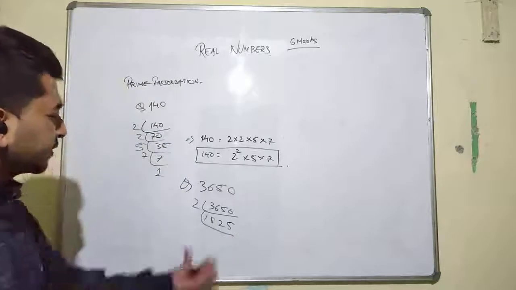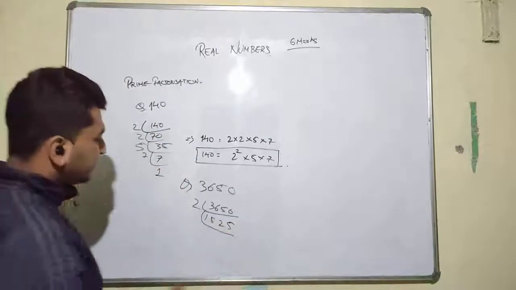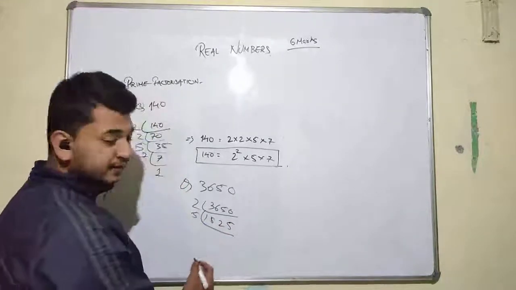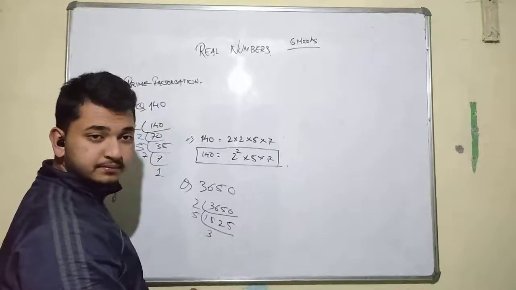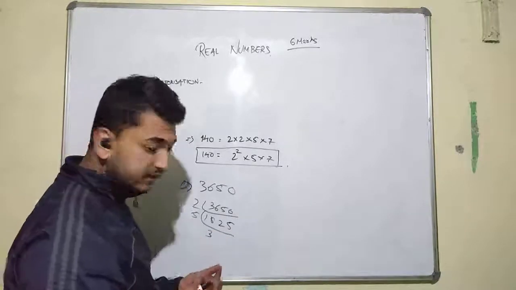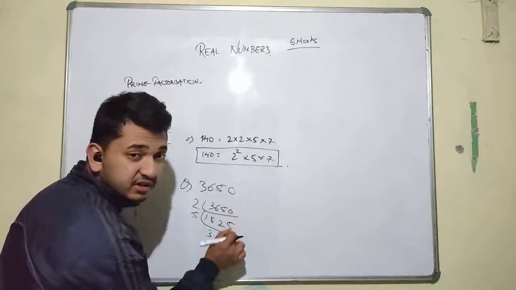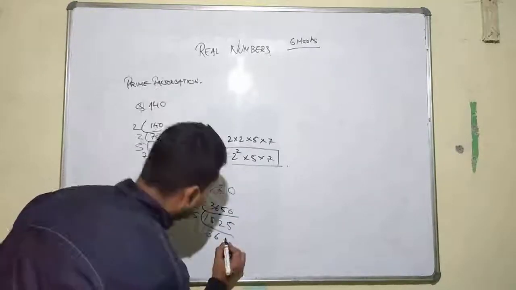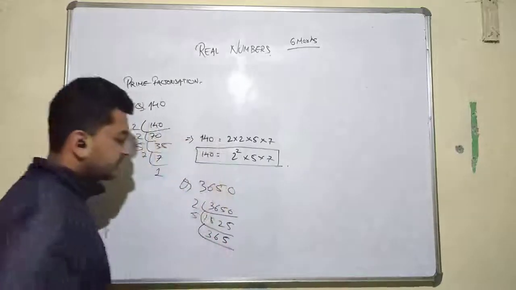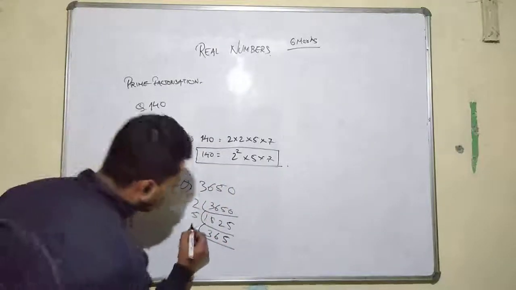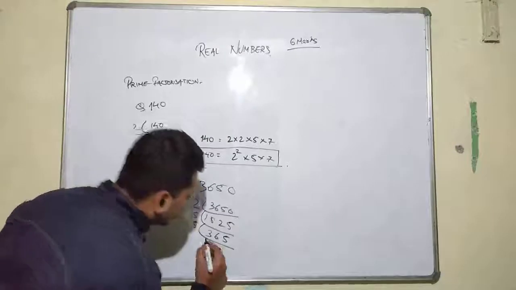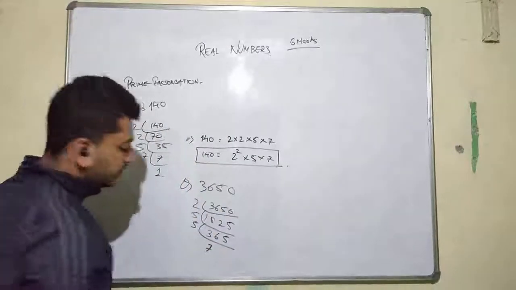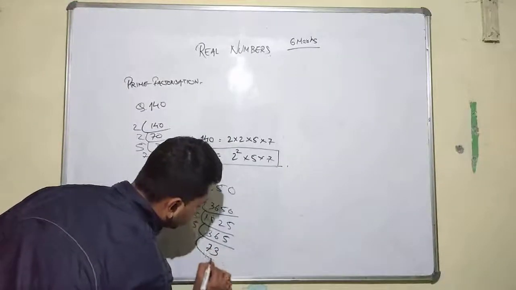Okay? 5 3s are 15, 5 6s are 30, 5 7s are 35, 5 3s are 15.